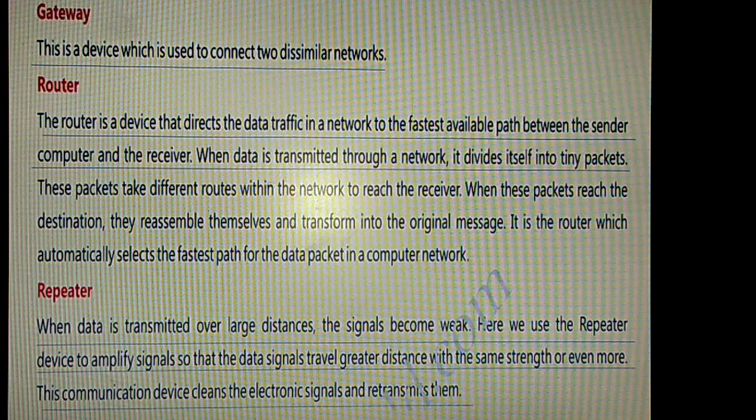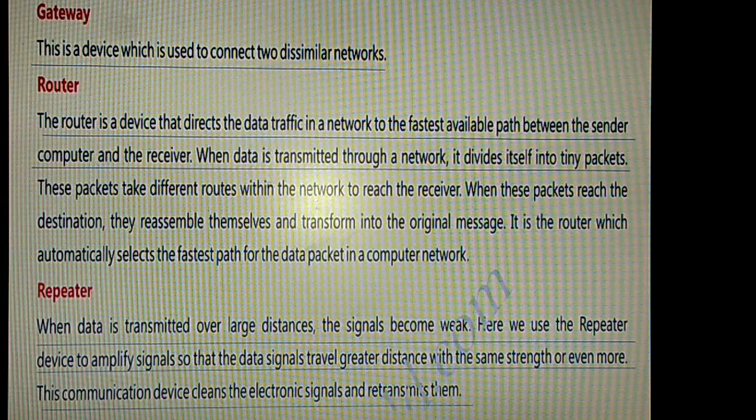Whereas in a repeater, the data is transmitted over a large distance, and at that time the signals become very weak. Here we use a repeater device to amplify the signals so that they travel a greater distance with the same strength or even more. This communication device cleans the electronic signals and retransmits them.